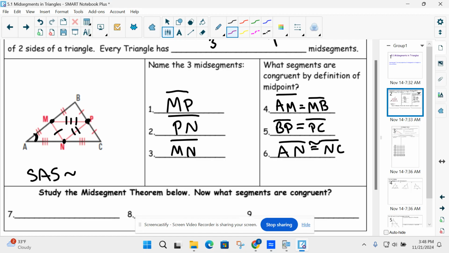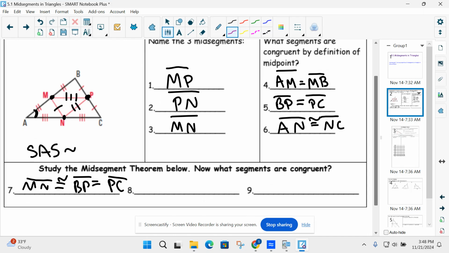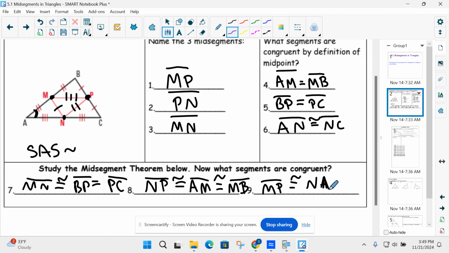So here you could say MN is congruent to BP, which is congruent to PC. And also, we'll go with NP next, is congruent to AM, and that's congruent to MB. And then for the last one, MP is congruent to AN, and AN is congruent to NC.